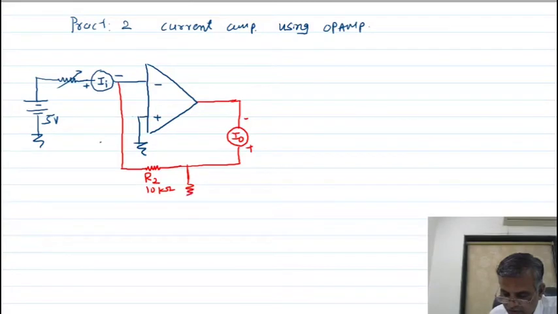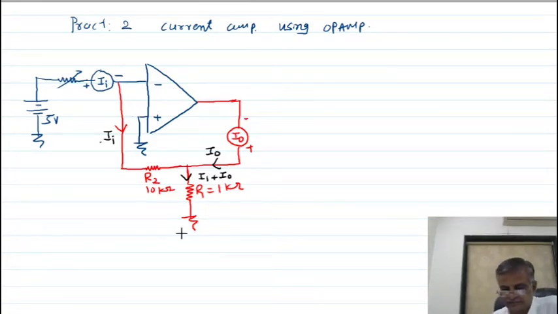This is your R1 having 1 kilo ohm, and make it ground. The current flowing here I call I_I. This current is I_O. So here the total current is I_I plus I_O in this branch.